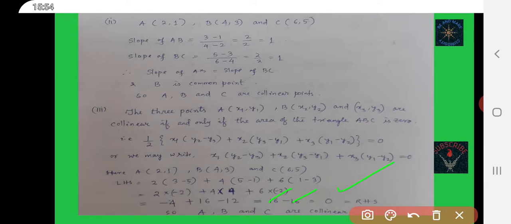So this is equal to RHS, which means the area of the triangle is 0. So now we can say the points A, B and C are collinear points. So student, thank you for watching this video.